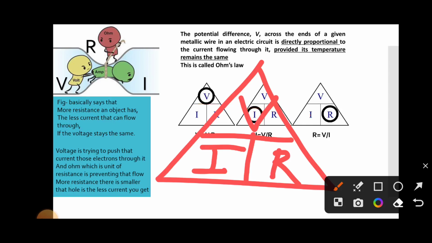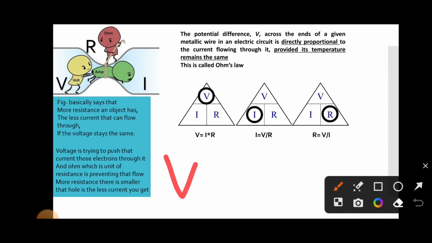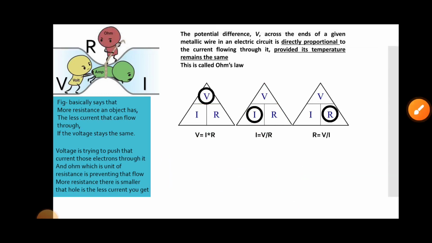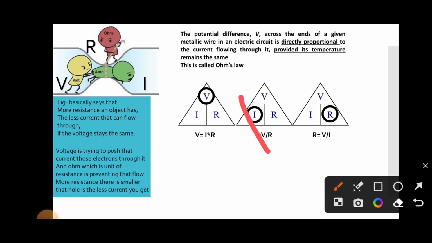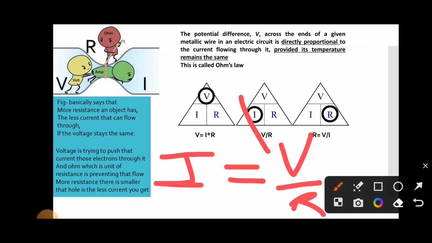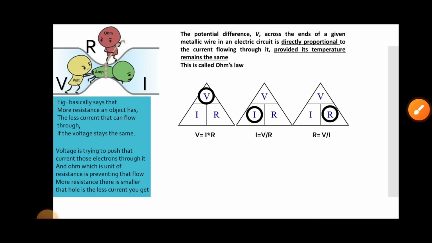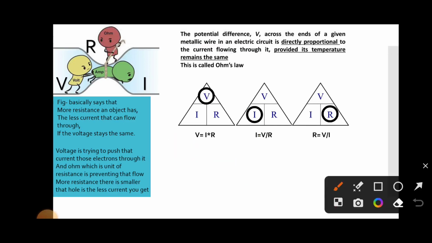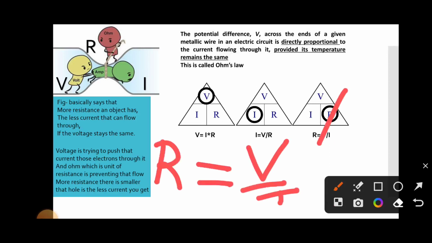So the equation is V equals I into R. Similarly, if you want to find the current, hide the current. Then the current is equal to voltage divided by resistance. Similarly, if you want to find the resistance, first hide the R, then the resistance is equal to voltage divided by current.